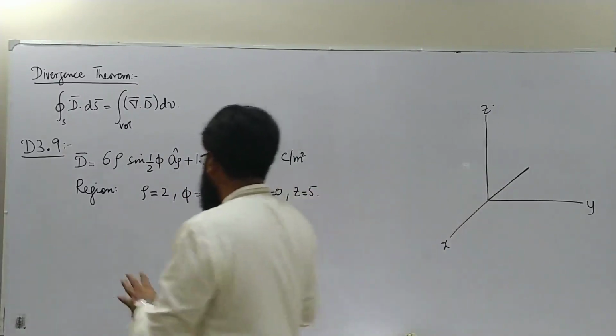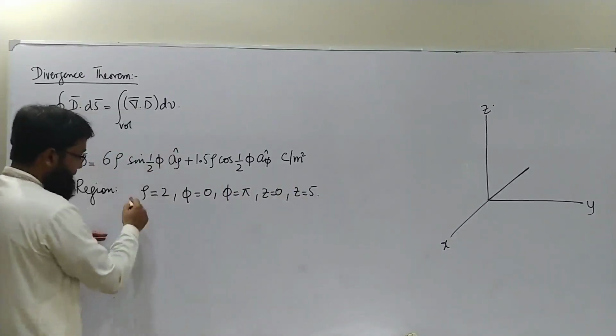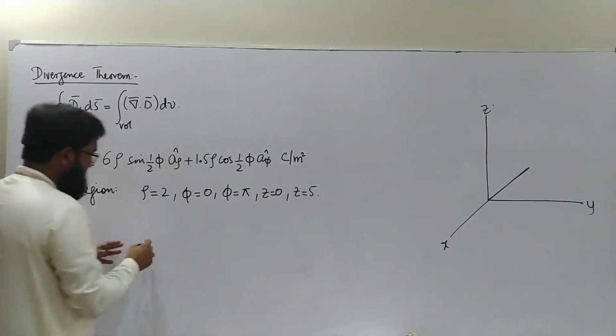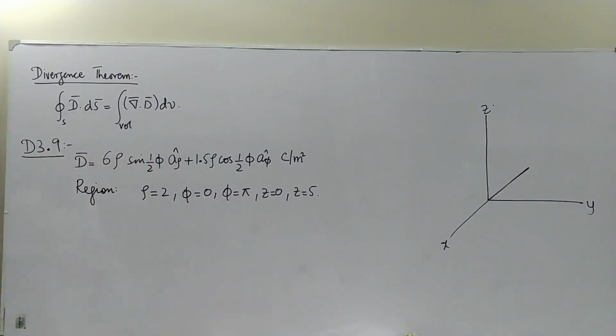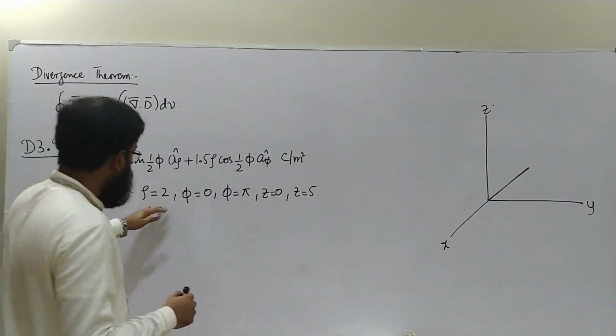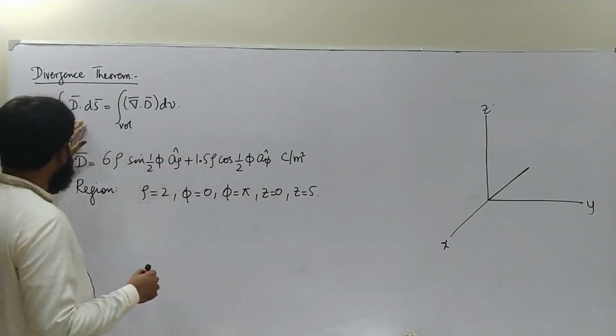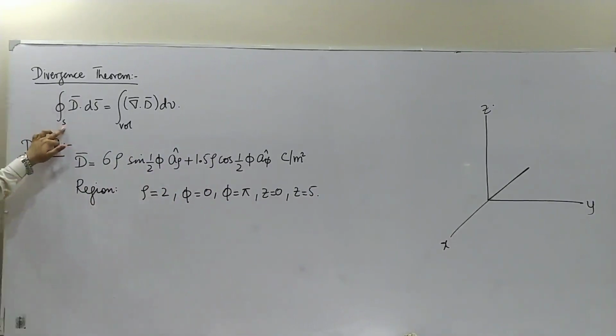And yeah, first of all, identify this region. If you are able to identify this region correctly, then evaluation of both sides should not be a problem for you. Why? Because for the left hand side especially, you have to consider the surfaces. Remember, surfaces are not scalar quantities, they are vector quantities.